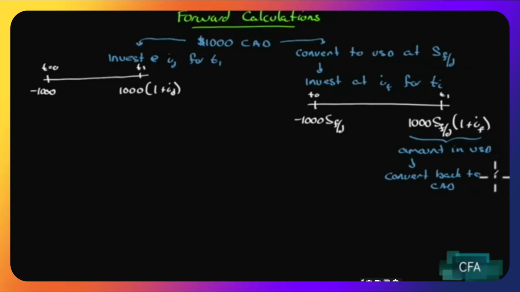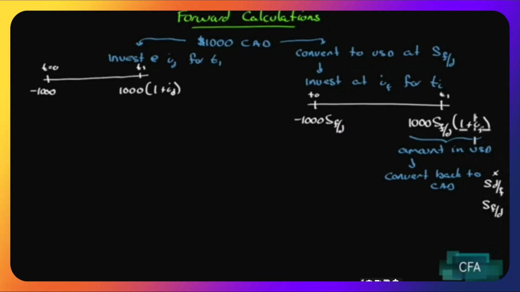We can multiply it by the spot rate, FD. But we want a forward rate. We want to show that there's no arbitrage opportunity on day one, so we don't want the spot rate, we want the forward rate.